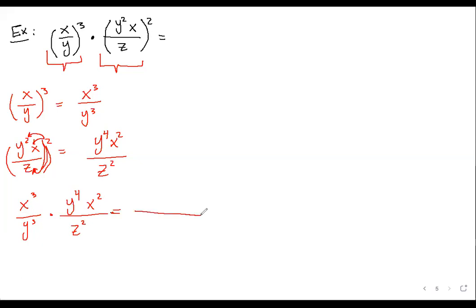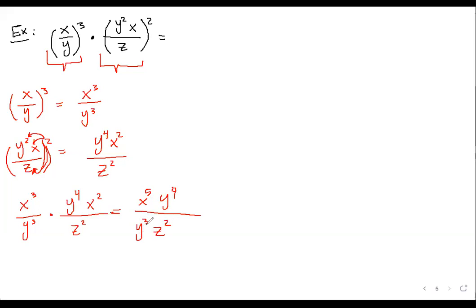I make it one fraction: x to the 5 y over z squared. Because x has the same base, so for x to the 5 we sum 3 and 2. Y to the what? To the 4, right? Down, y to the 3, z to the 2.